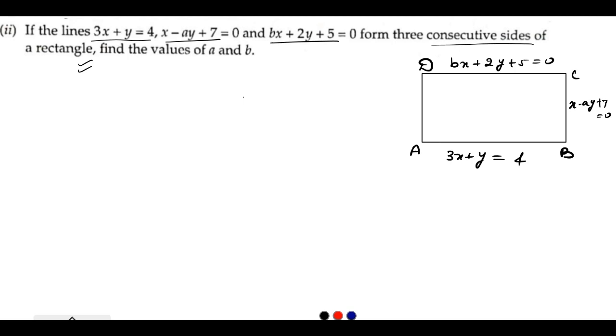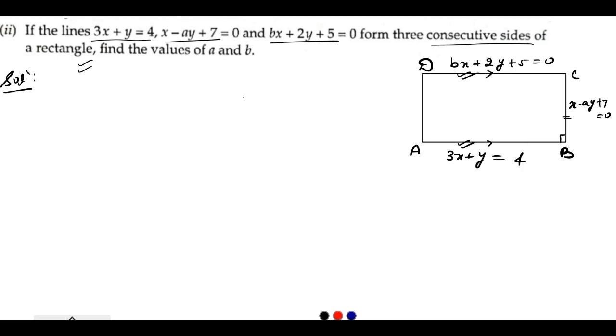Now we have to find the values of a and b. Since ABCD is a rectangle, AB will be perpendicular to BC and also AB will be parallel to DC. It means the slope of DC is equal to the slope of AB, and the relation between the slopes of AB and BC will be m1 m2 is equal to minus 1.